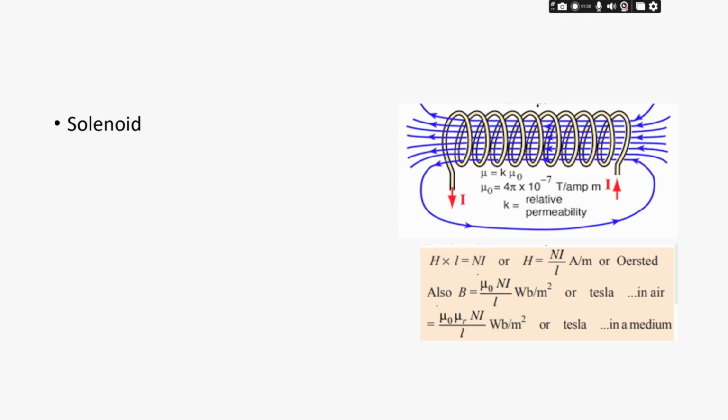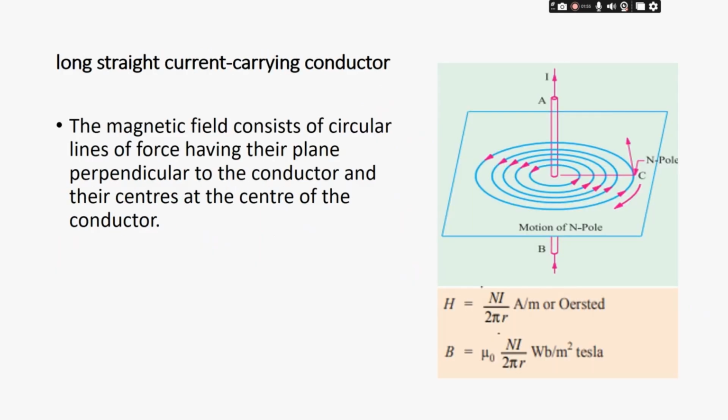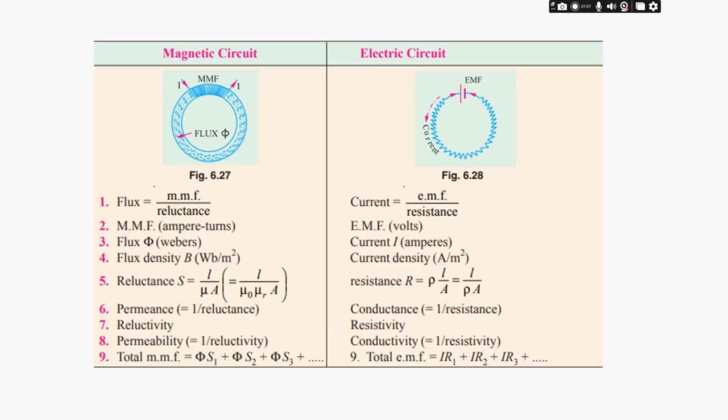Now if we look at this ideal transformer diagram, we can see the windings are in solenoidal form, and if the current is flowing in the direction of our curled fingers, then the thumb gives the direction of the magnetic field. This is just to understand the basic Ampere's circuital law.